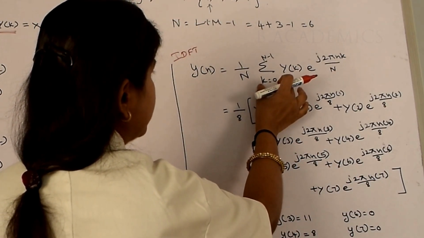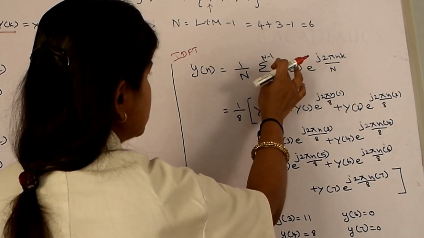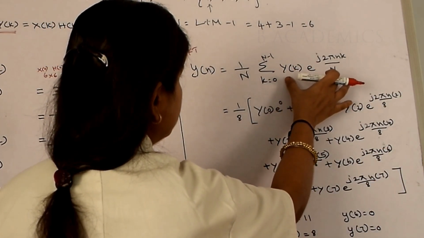Now I have substituted the k values which vary from 0 to 7 and I have expanded the term.